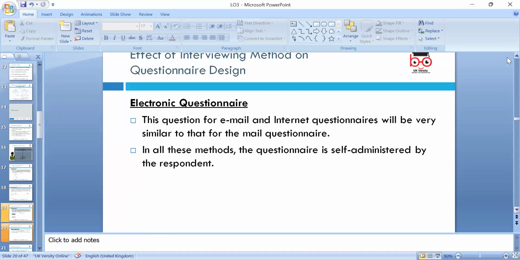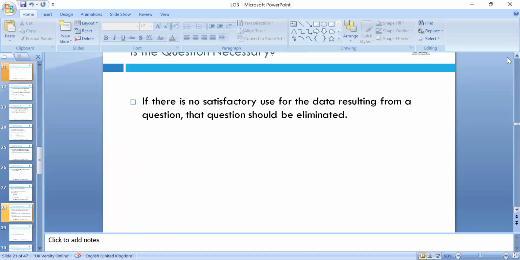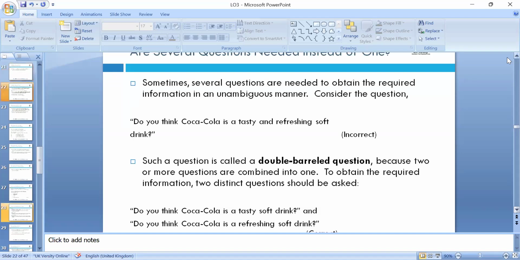The email and internet questionnaire will be similar, and we can use a self-administered questionnaire, where you ask yourself whether there is no satisfactory use of the data resulting from the question. That question should be eliminated. Sometimes we can change the question, keeping in view the perception or understanding.